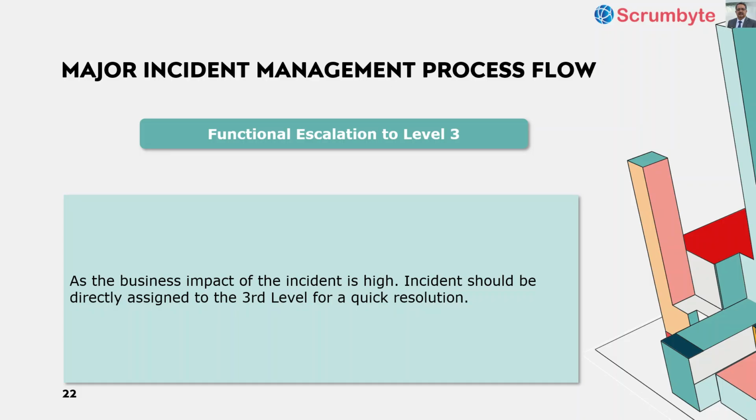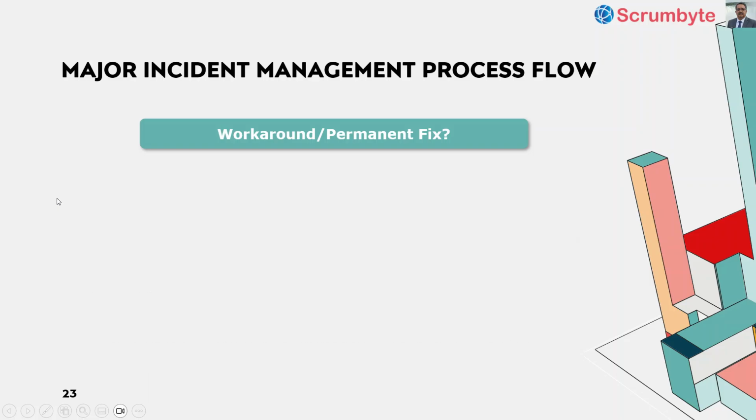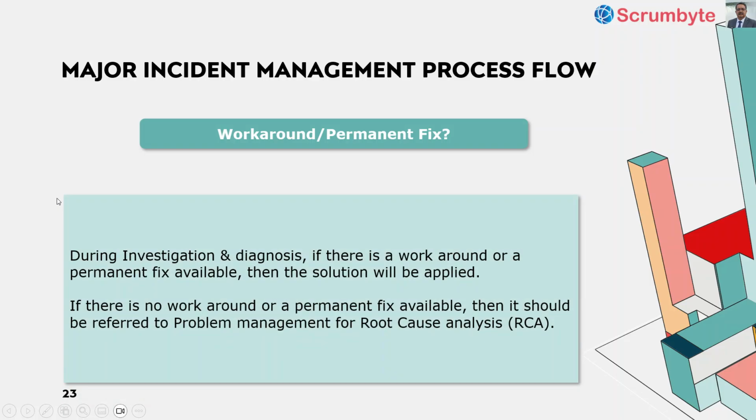So it is not going to be handled by the lower level people. Immediately it's going to go to the higher authorities who will basically make a decision as to how to get this thing resolved quickly. The first thing they're going to figure out is how fast can we get the business up and running. And one of the things that we talked about is what is called a workaround.